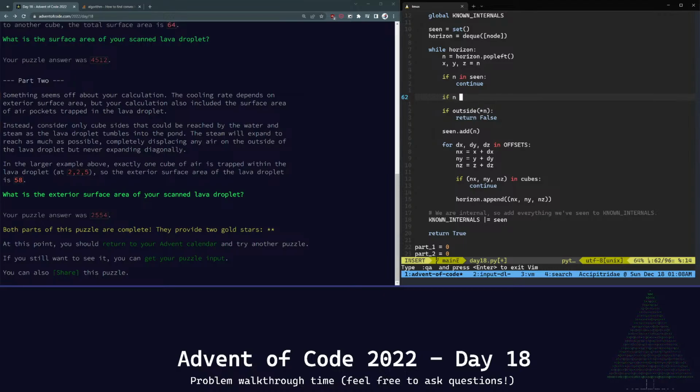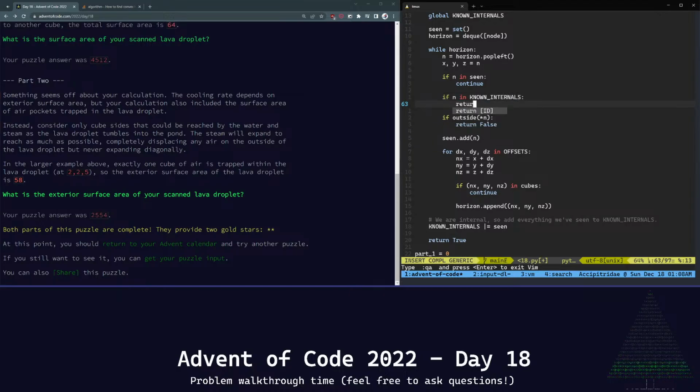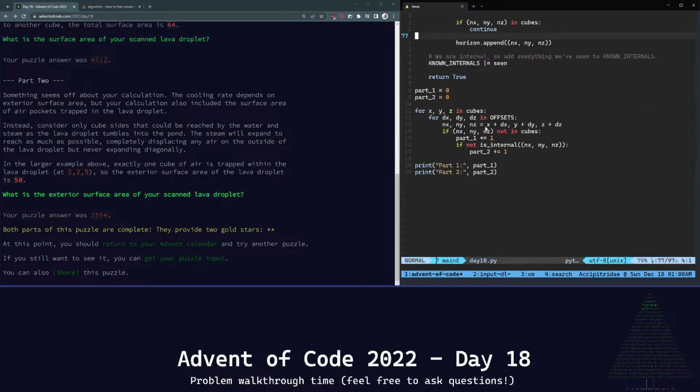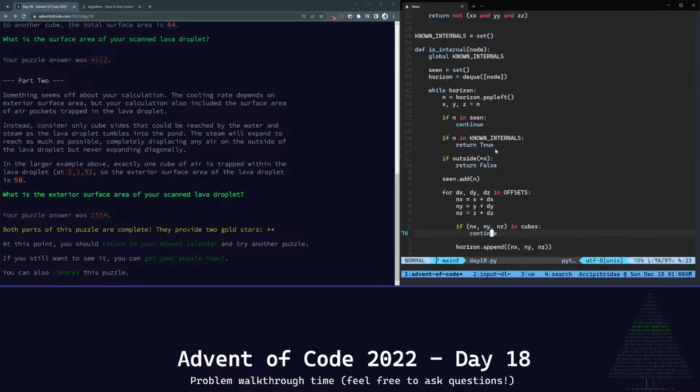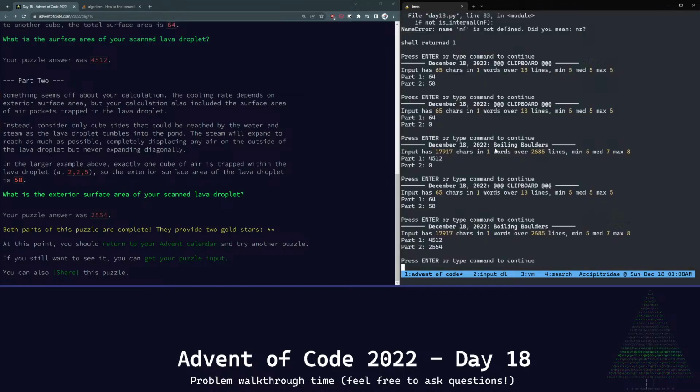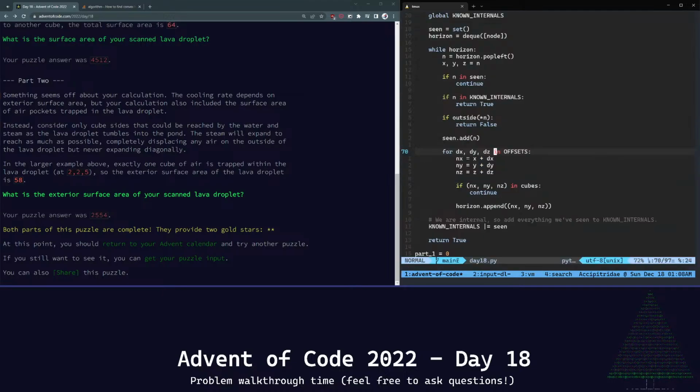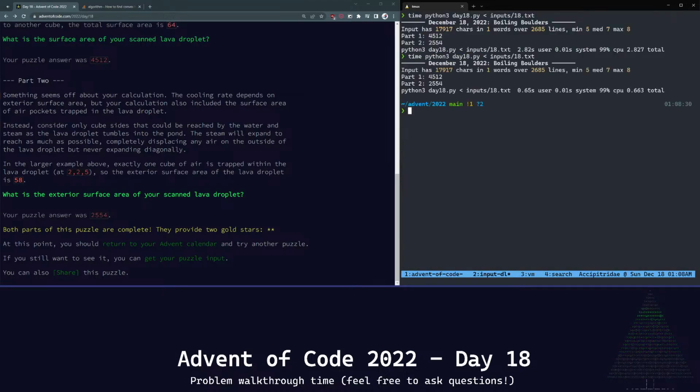If n in known internals, return true. So let's see if this actually works. So much faster here. If we time it, we get a much faster answer.